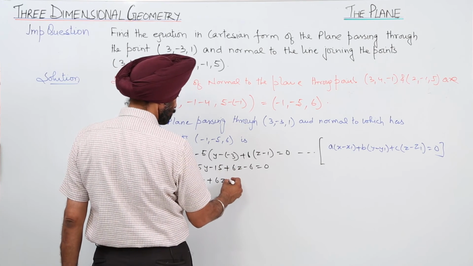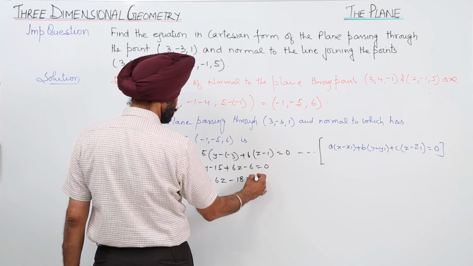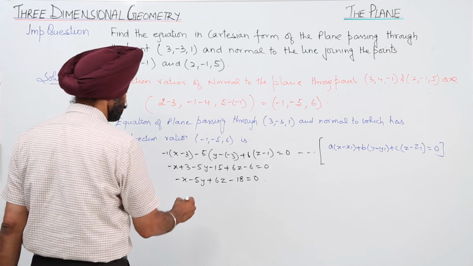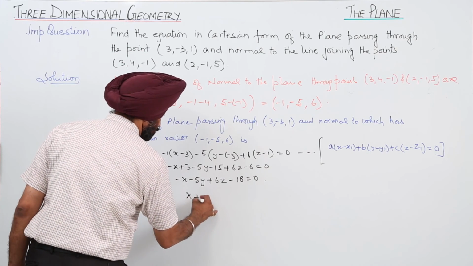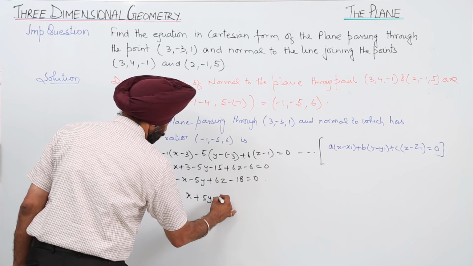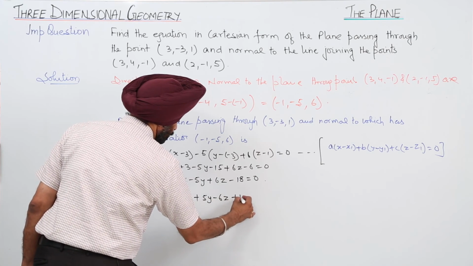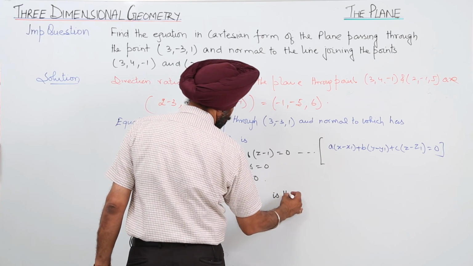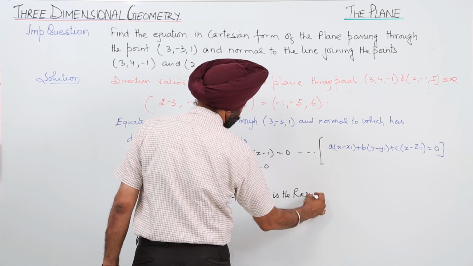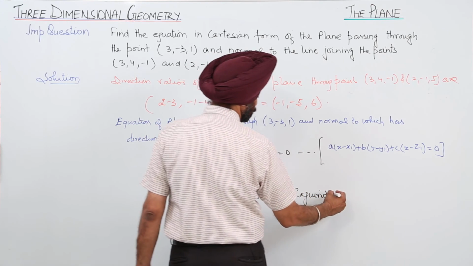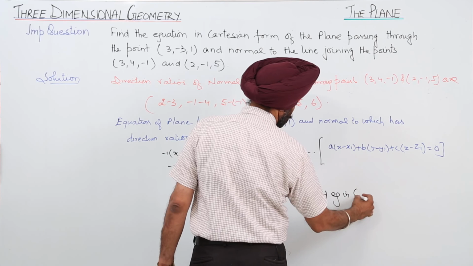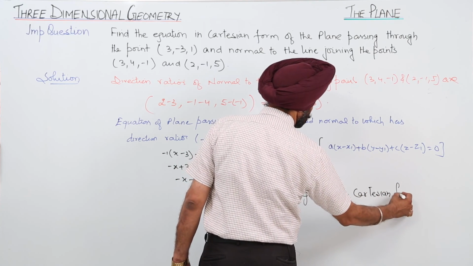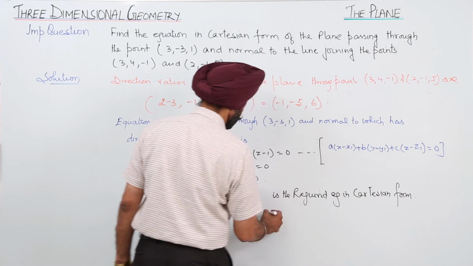So, we are having minus 18 is equal to 0, or we can write it x plus 5y minus 6z plus 18 is equal to 0, is the required equation in Cartesian form. Answer.